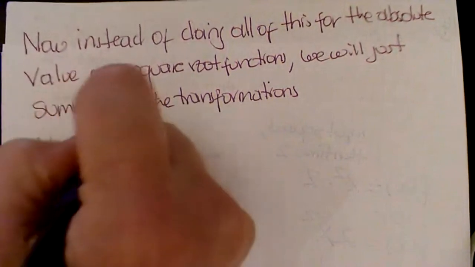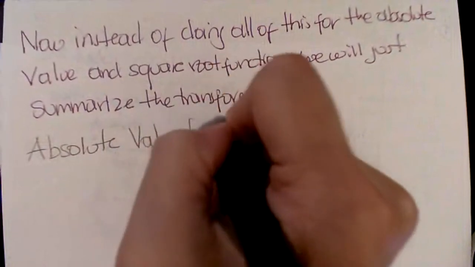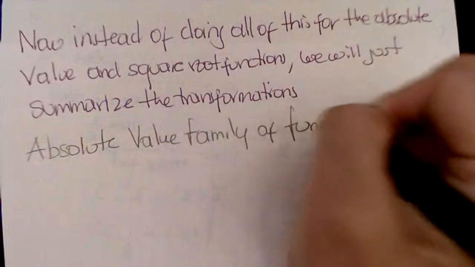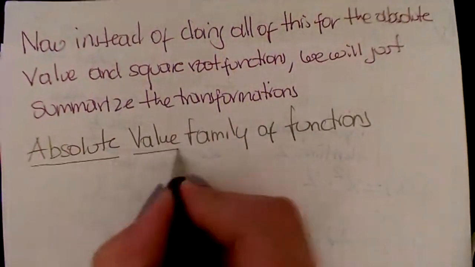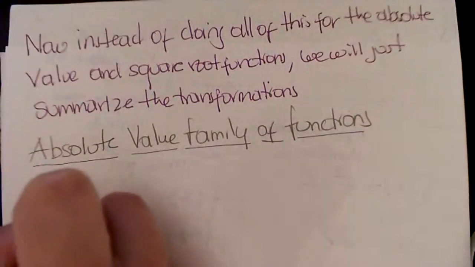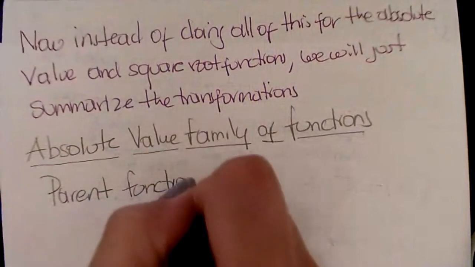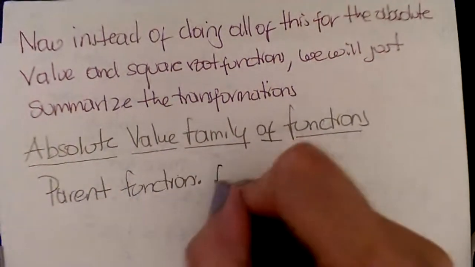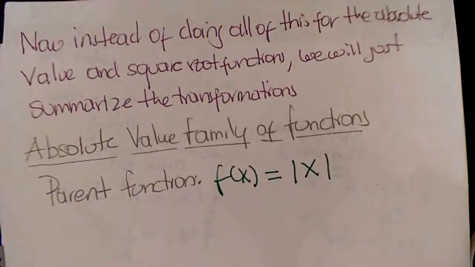So the first one will be the absolute value family of functions. Okay? The absolute value family of functions. So the parent function is going to be f of x equal to the absolute value of x.